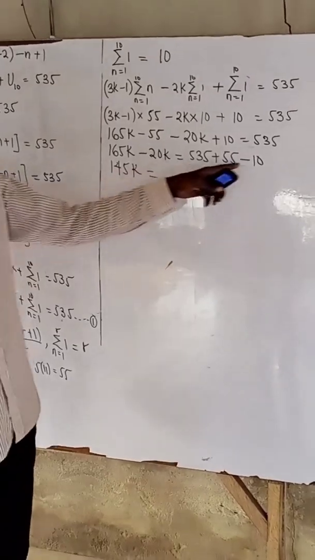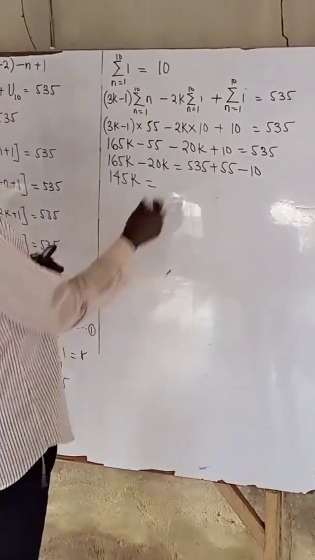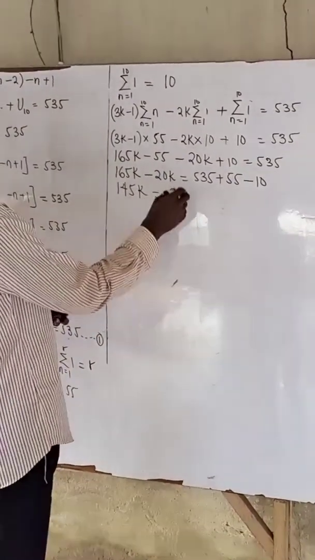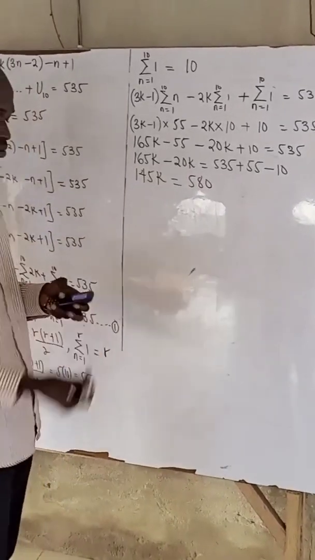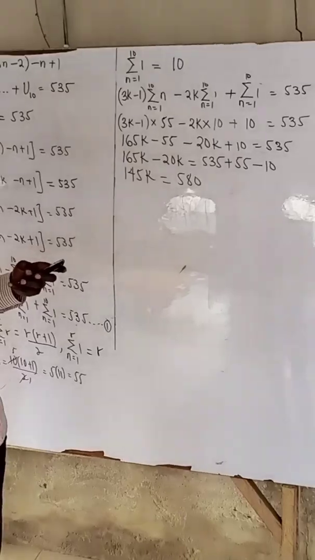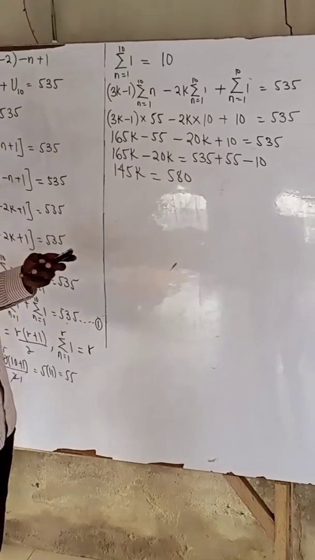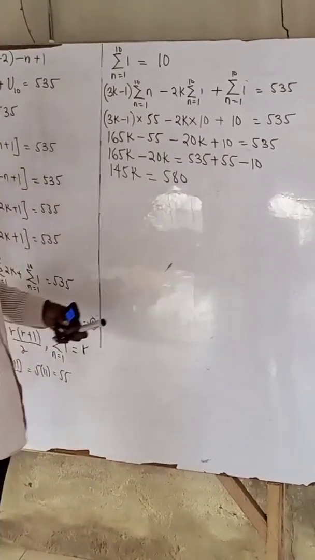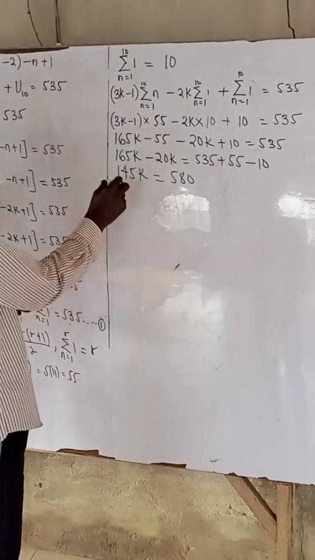That will give me 590. 590 minus 10. That will give me 580. So 535 plus 55 minus 10 is 580 for confirmation. Then we have to divide both sides by 145.